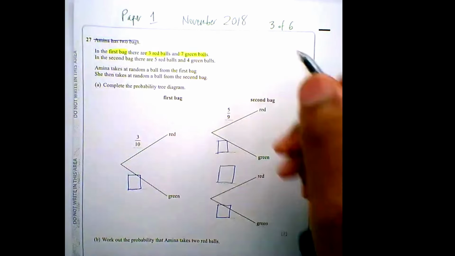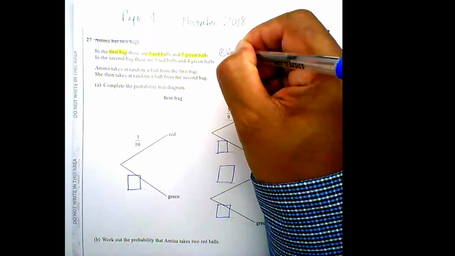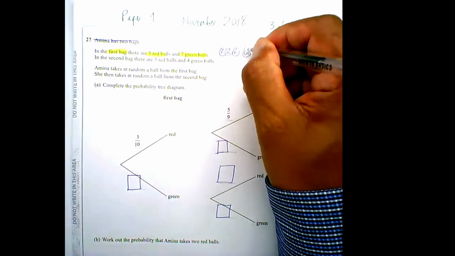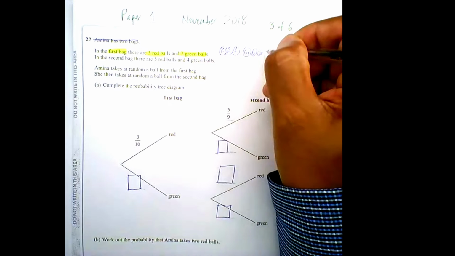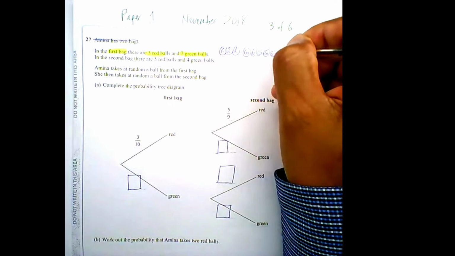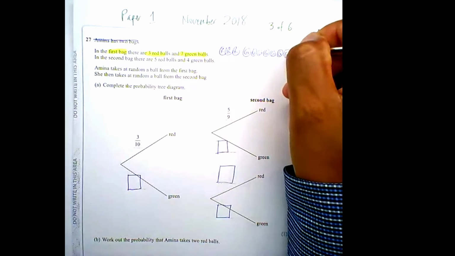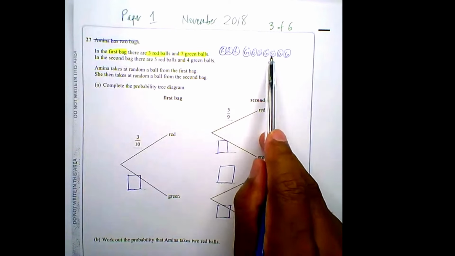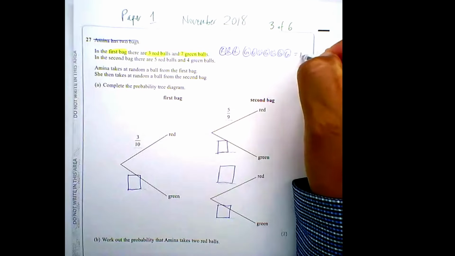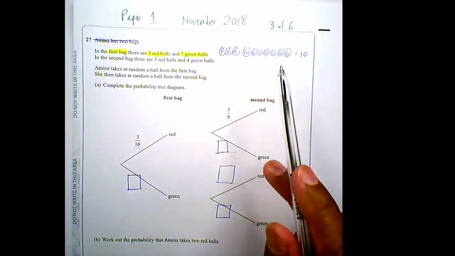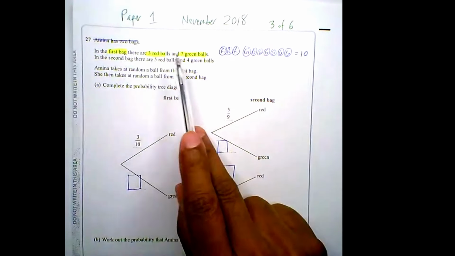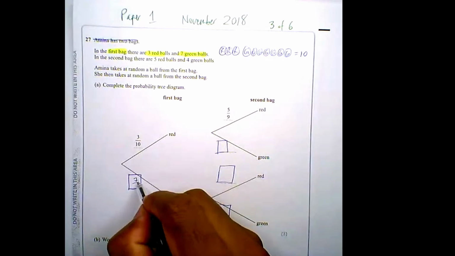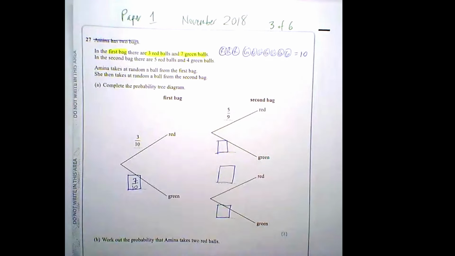So if we have 3 red balls, R, and we've got 7 green, 1, 2, 3, 4, 5, 6, 7. We can see we've got 10 balls altogether. And so now you can see I've got 3 out of 10 for red. And for green, I'm going to have 7 out of 10. Okay, so I hope you got that right.